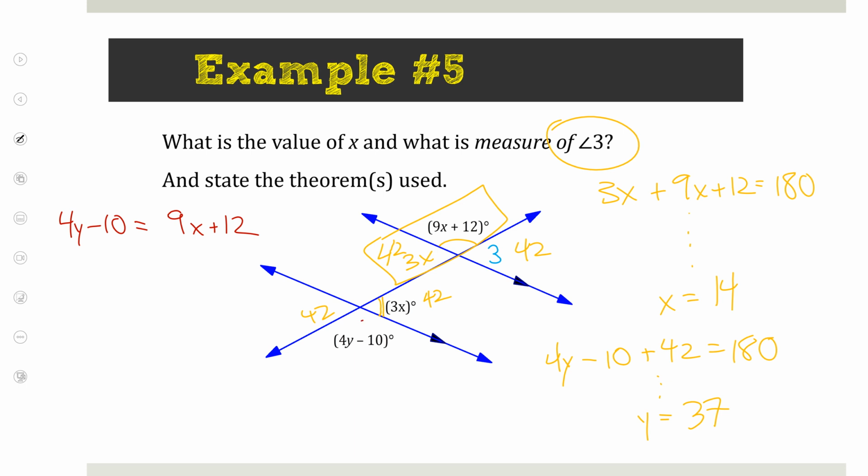They're both acute. Sorry, I lied. They're both obtuse, so therefore they would be equal to each other. What's wrong with this? 2 variables. And one of the laws of algebra is you need the same number of equations as variables. So what would be your other equation? Well, then you go down this rabbit hole of 4y minus 10 plus 3x equals 180.